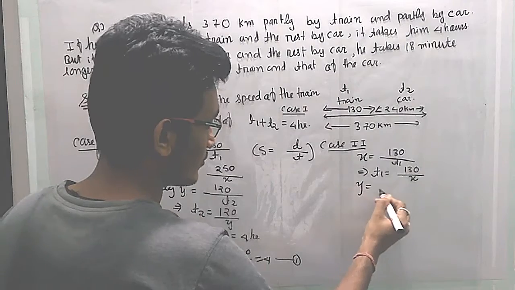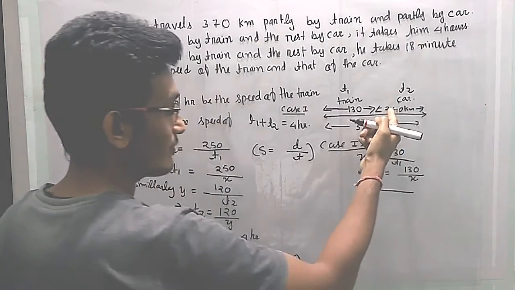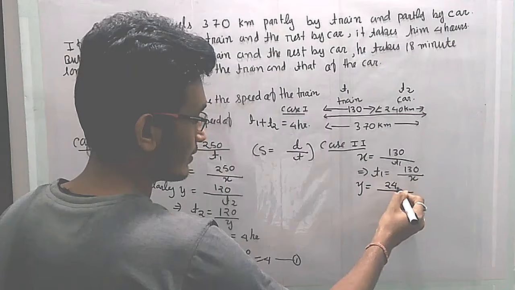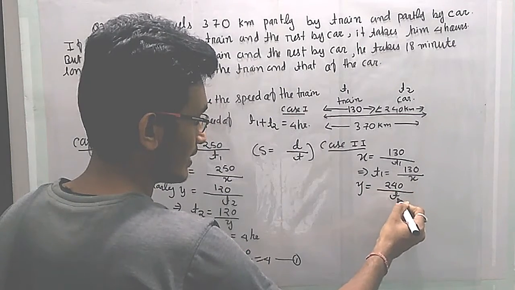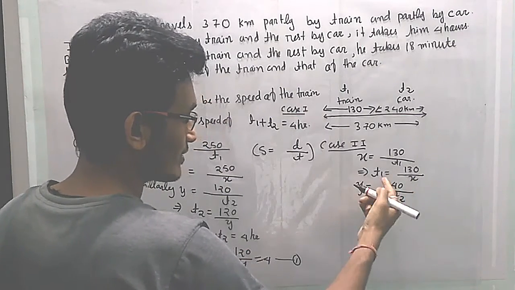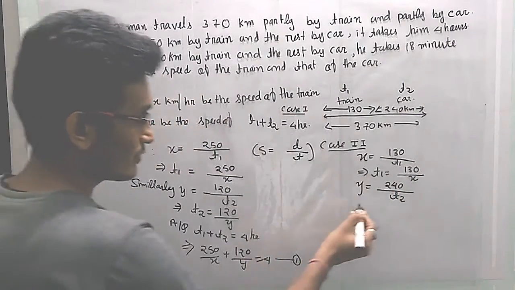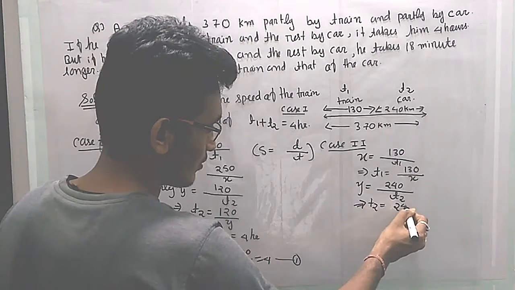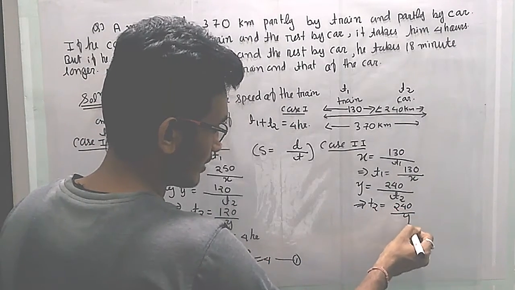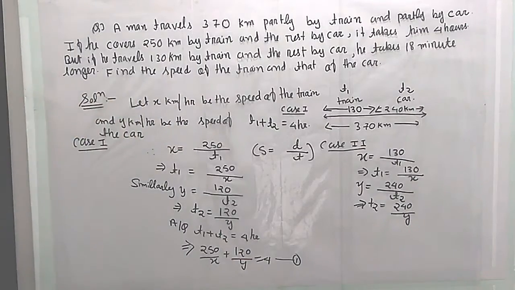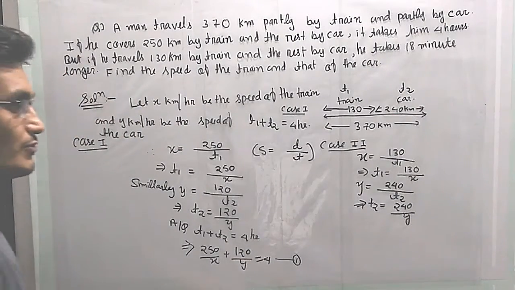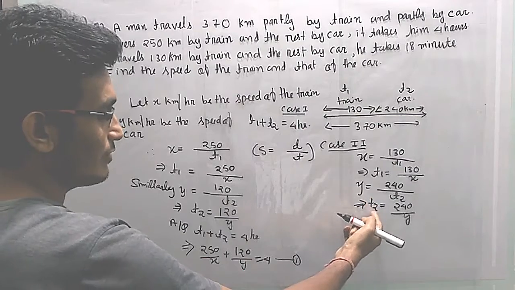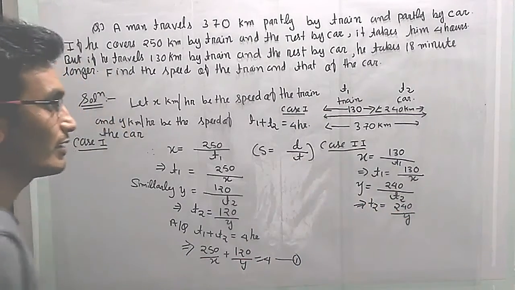So y equals distance traveled by the car in case 2, which is 240 kilometers, divided by time taken. Time taken is t2. So from here t2 equals 240 divided by y. So in case 2, T1 is 130 by x and T2 is 240 by y.